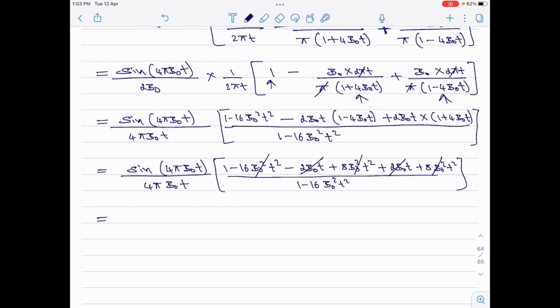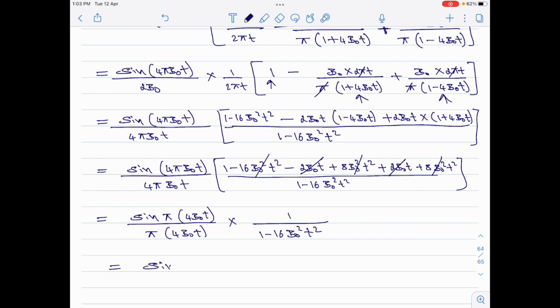Coming to this term, you see this is in the form of sin pi into 4 b naught t divided by pi into 4 b naught t, and what remains here is 1 divided by 1 minus 16 b naught square t square. We know that sin of pi into x divided by pi into x is equal to sinc of x.